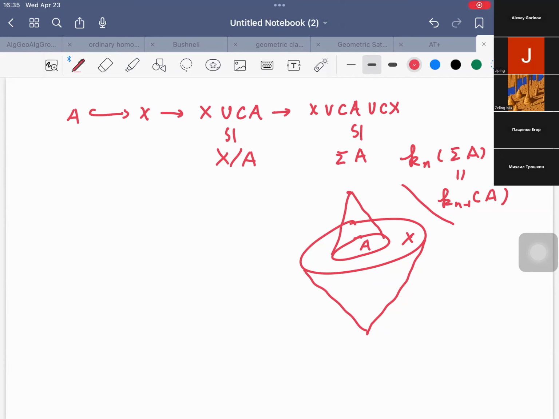It doesn't really matter which one we consider. And there's another remark: we don't actually need spaces to be pointed in order to define reduced homology. There's a pointed version and the non-pointed version, and they determine each other.